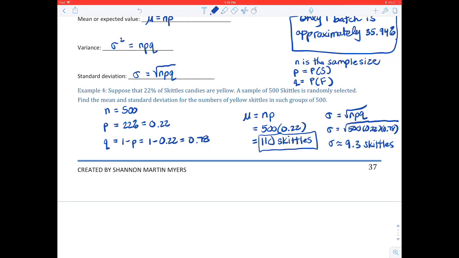So you want to make sure and put your units in these things. I wasn't too strict on it the last test, but it's important that you start putting your units, okay?